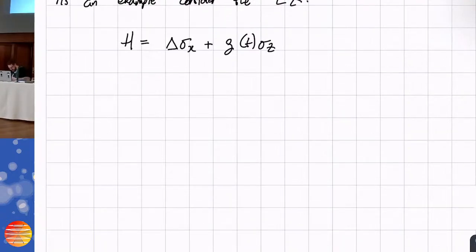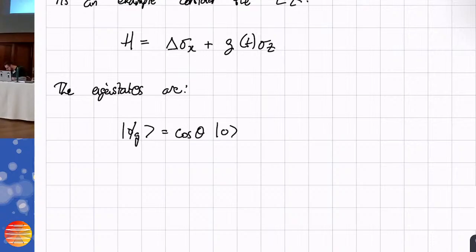So we can write down the eigenstates. My ground state, phi g, can be written as cosine theta 0 plus sine theta 1.